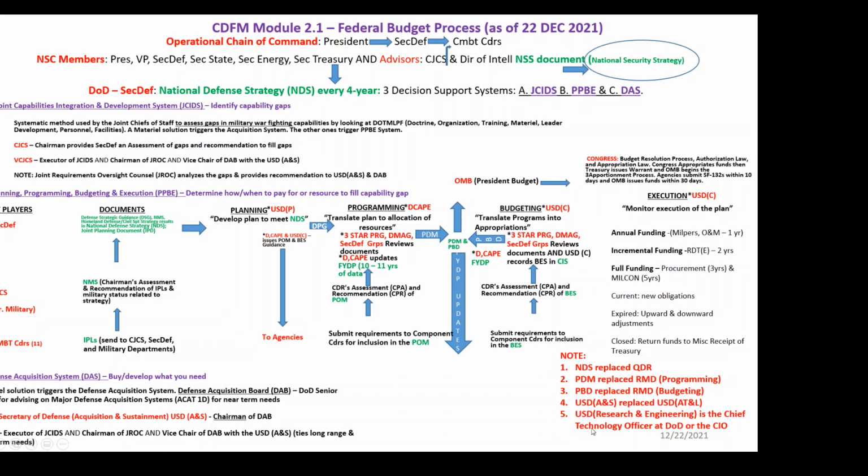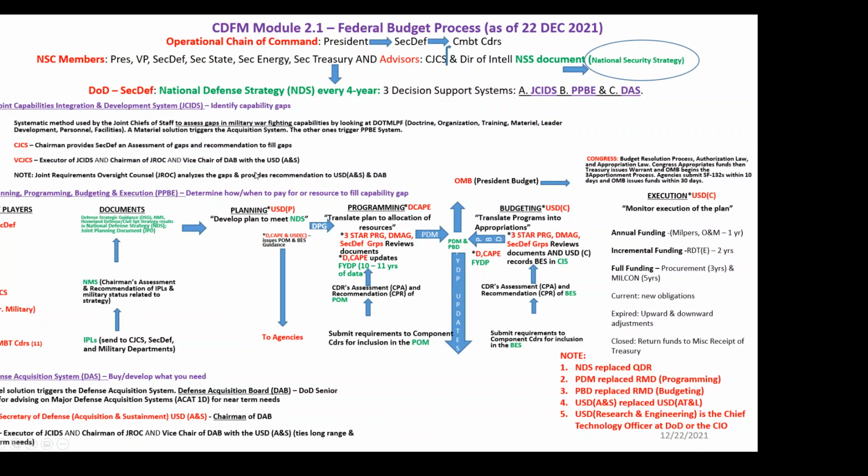And the Chief Information Officer used to be CIO, Chief Signal Officer. Now it's called USD Research and Engineering. This is the Chief Technology Person at the DoD level.